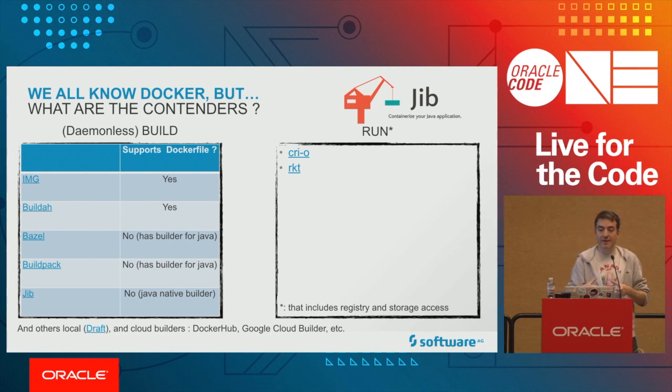They've got some tooling that detects your build. So for example, if you've got a pom.xml, it will know, oh okay, I need to run Maven, and then I need to build the image. I'm talking of the plural because there's also a draft from Microsoft Azure.